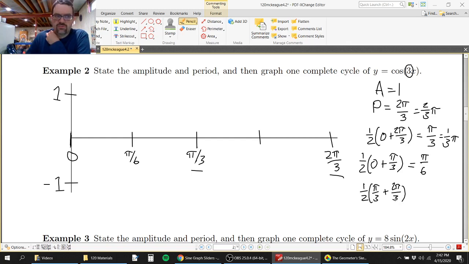And 1/3 plus 2/3 is a whole. Well, if we add them together, they already have a common denominator. A single pi plus 2 pi's is 3 pi's on top and 3 on the bottom. The 3's will cancel, and we just get 1/2 of a pi. So that's what goes here.